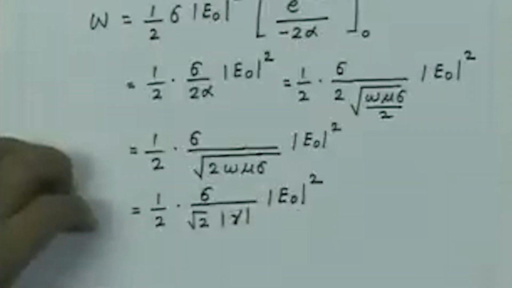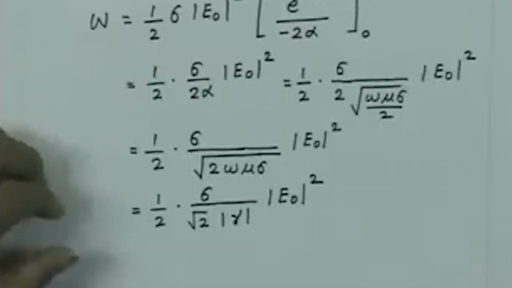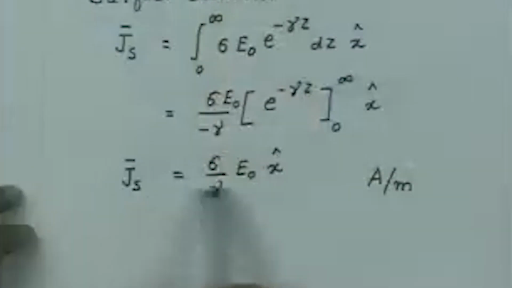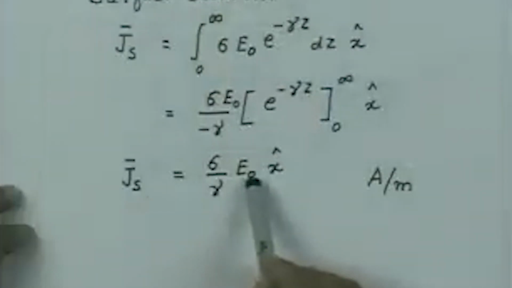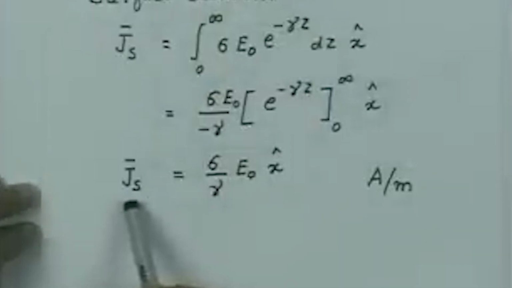And this quantity sigma upon gamma, if I go back to my surface current density, this quantity is nothing but the surface current, that is what we have derived. So, this quantity here, this sigma upon gamma times E naught, is nothing but the surface current.